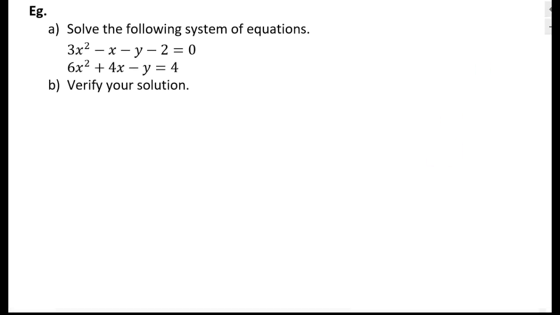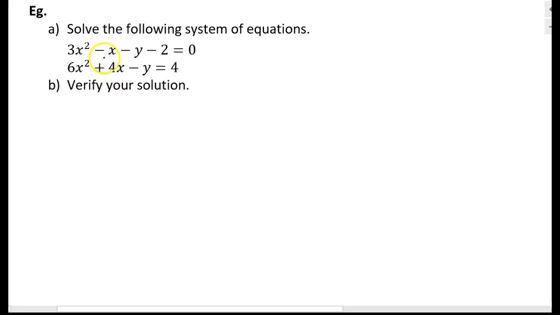Our second example here asks us to do the exact same thing. The only difference is that now we are dealing with two equations that are both quadratics. That means that I will technically be able to cancel out my x's, potentially. But I need to check that first. Right now, if I doubled my x squared value, I would only have 2 x's.